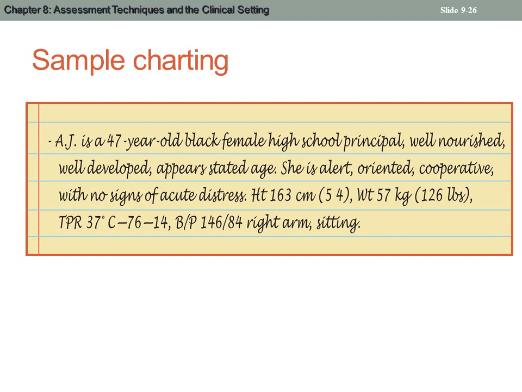The temperature is 37 degrees Celsius. Pulse is 76. Respirations are 14. Blood pressure is 146/84 in the right arm, and it was sitting. So that would be just how a person would document objectively what that patient was in looking at those areas.